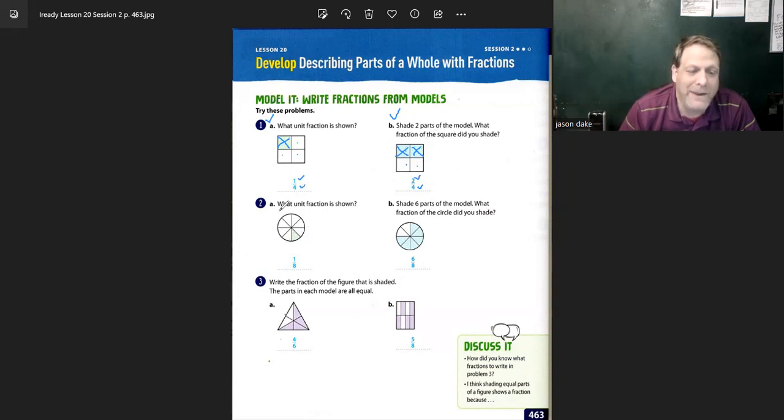Well, how many pieces are there? Pretend this is a pizza. They usually slice eight pieces in a pizza. So 1, 2, 3, 4, 5, 6, 7, 8. All right. So 8, and there's 1 shaded in.